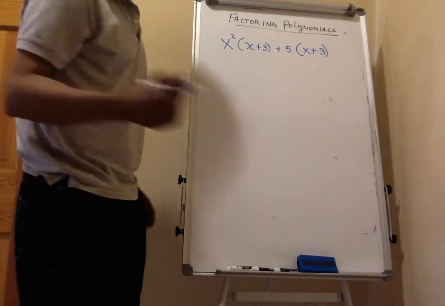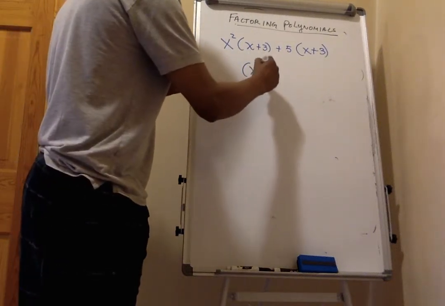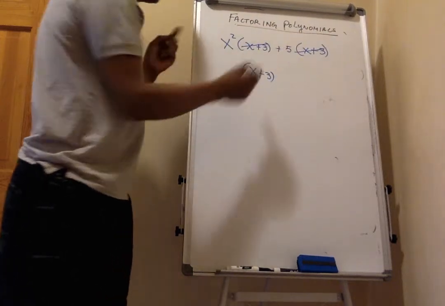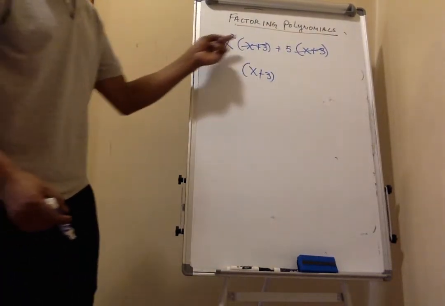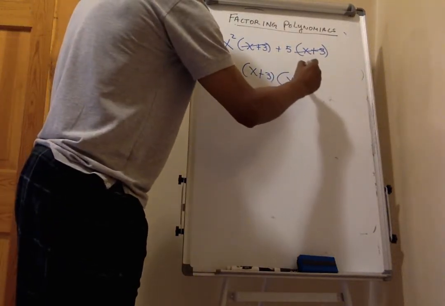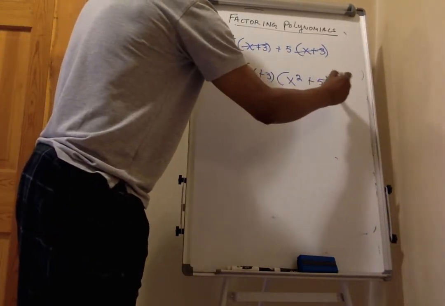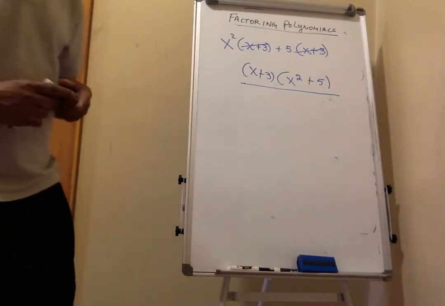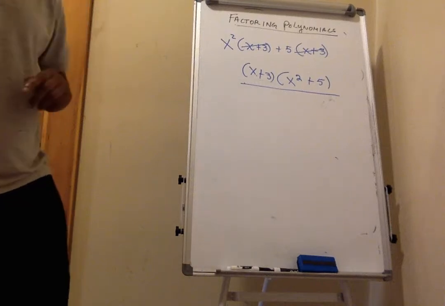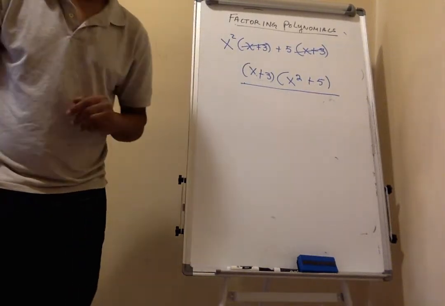So one of the factors should be x plus 3. Now, if you take x plus 3 out, what you have left on the board is x squared plus 5. Again, make sure your final answer cannot be factored anymore, you cannot factor x plus 3 anymore, and then you're going to leave it like this.